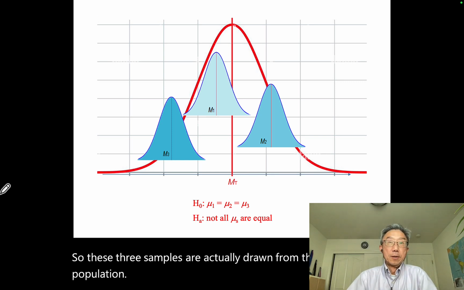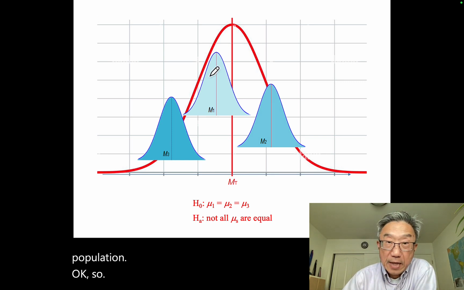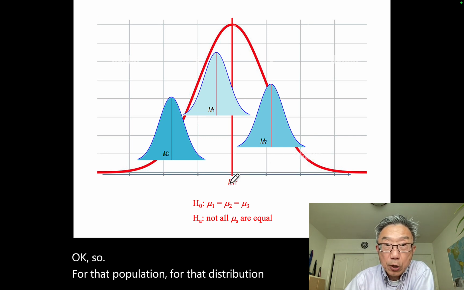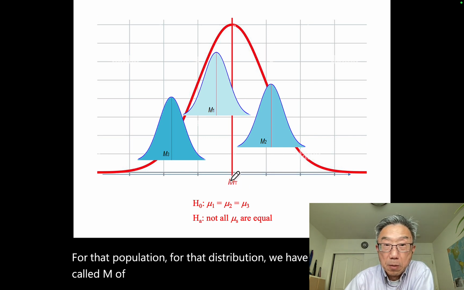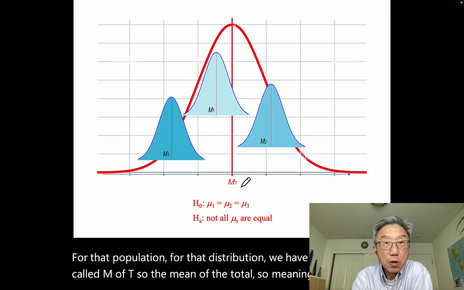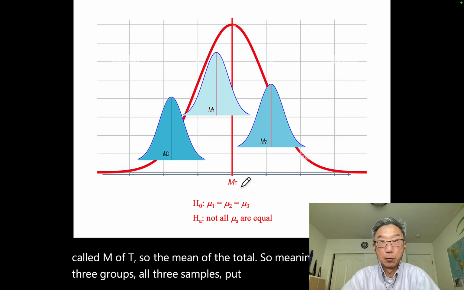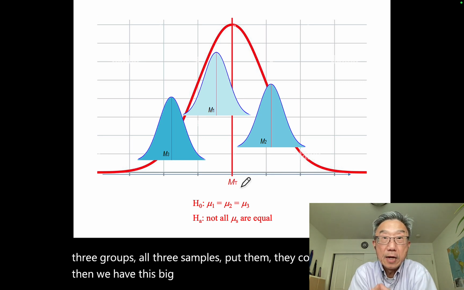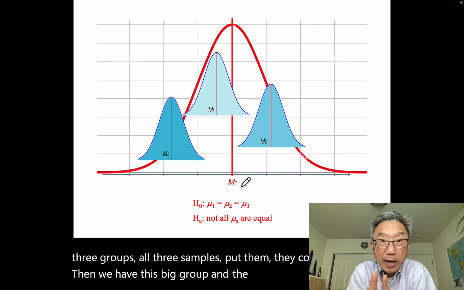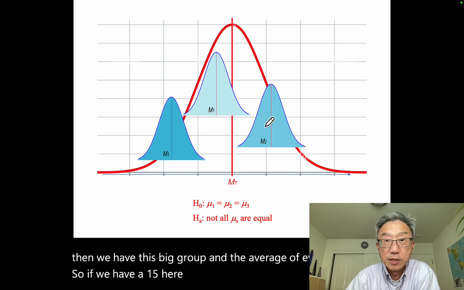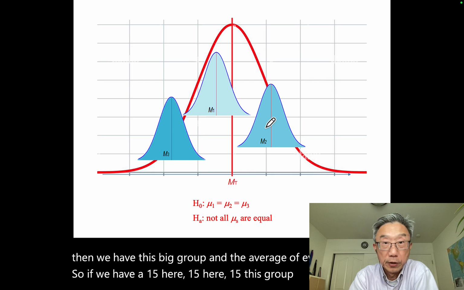Okay? So for that population, for that distribution, we have something called M of T, the mean of the total. Meaning we combine all 3 groups, all 3 samples, then we have this big group, and the average of everybody, right? So if we have 15 here, 15 here, 15 in this group, total 45.